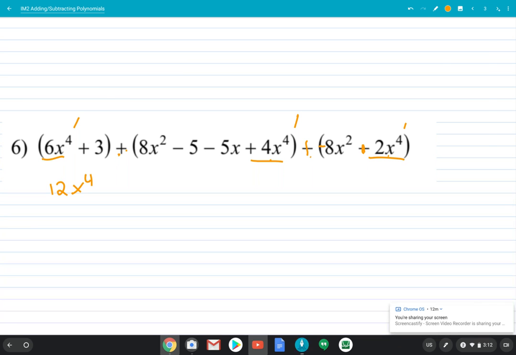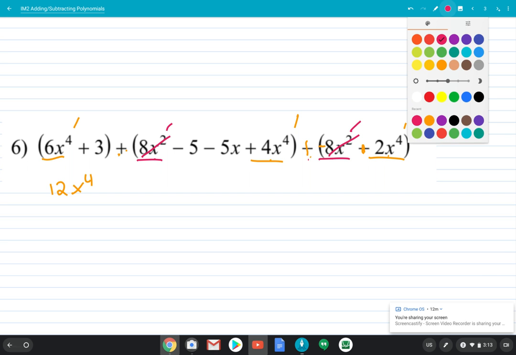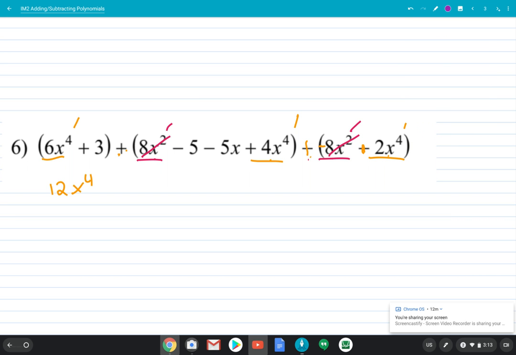Now I'm going to look for the next power. 4, 3, no 3. How about 2? Got 2 here, 2 here. So this is 8x squared plus negative 8x squared. They cancel each other out. I don't write it. How about x to the first power? Got it right here.